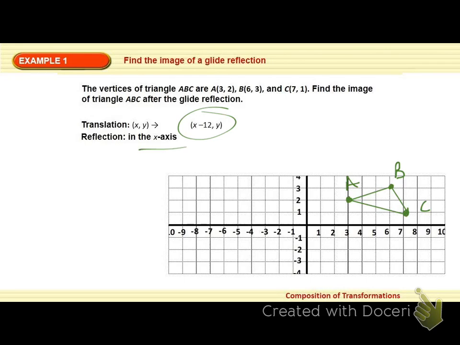So our translation rule basically just says we're going to slide everything back to the left 12, right? Because it's x minus 12. So when we perform our first transformation, our glide, all of our new points, A prime, B prime, and C prime will land here.